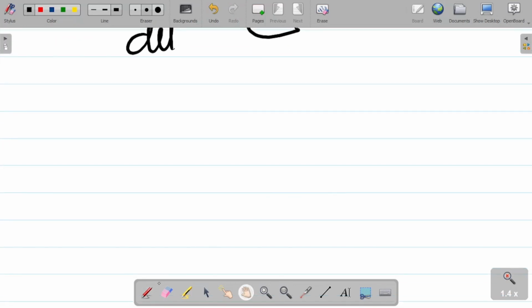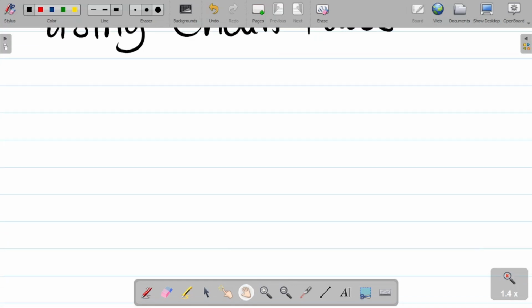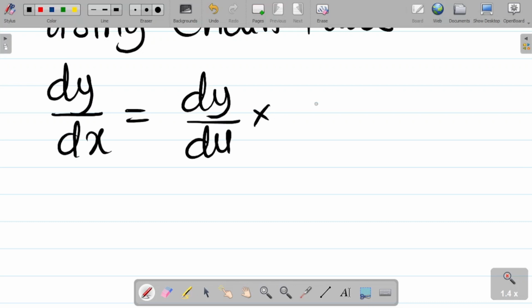All right, so we have this. Now from here we'll now say, using chain rule, our formula for this is simply dy over dx is equal to dy over du multiplying du over dx.